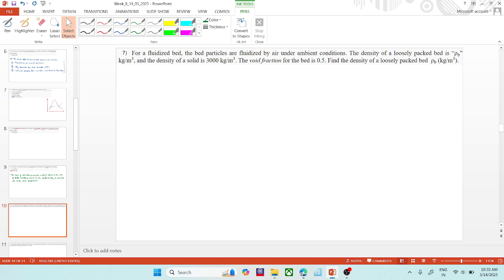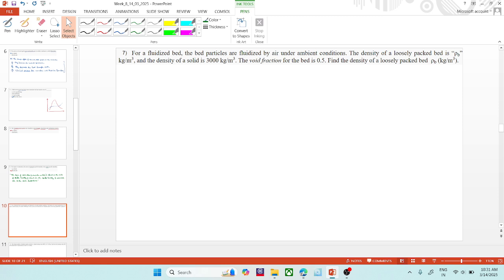For a fluidized bed, the bed particles are fluidized by air under ambient conditions, and the density of a loosely packed bed is rho b kg per meter cube, and the density of the solid is 3000 kg per meter cube. The void fraction is given as 0.5, and we have to find the density of the loosely packed bed rho b in kg per meter cube. So this is the fluidized bed combustion.